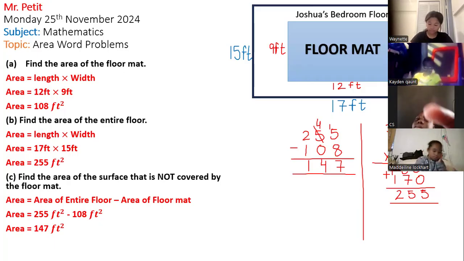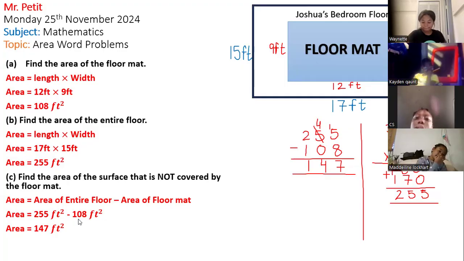What did we subtract? 255 and what else? 108. Very good. And that's how we get 147. Good. Take a picture of this and send it to me via WhatsApp.